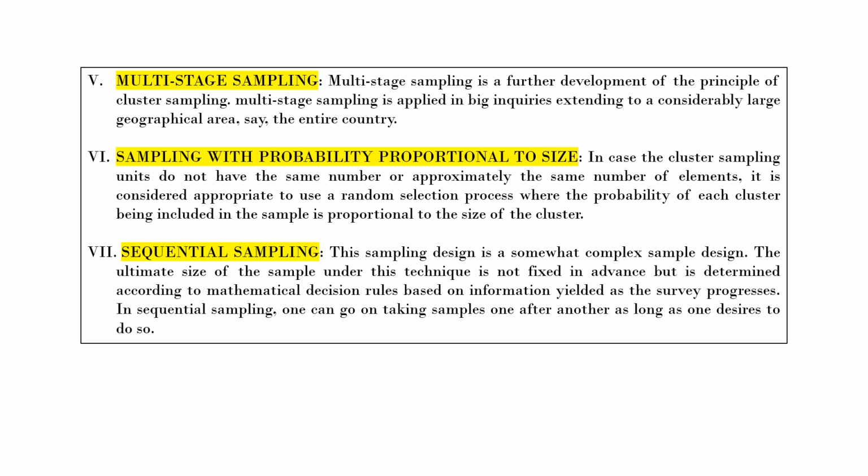Then the sampling with probability proportional to size. In case the cluster sampling units do not have the same number of elements, then it is considered appropriate to use a random selection process where the probability of each cluster being included in the sample is proportional to the size of the cluster. For that, we have to list the number of elements present inside each cluster.